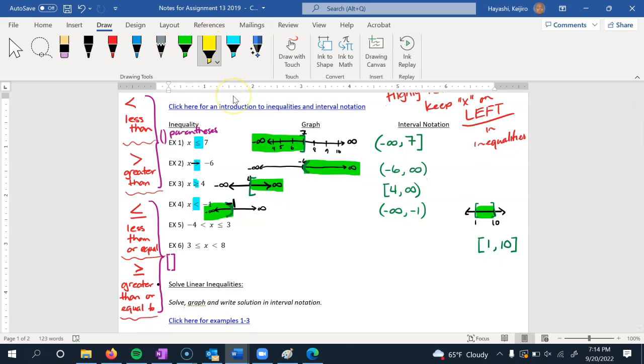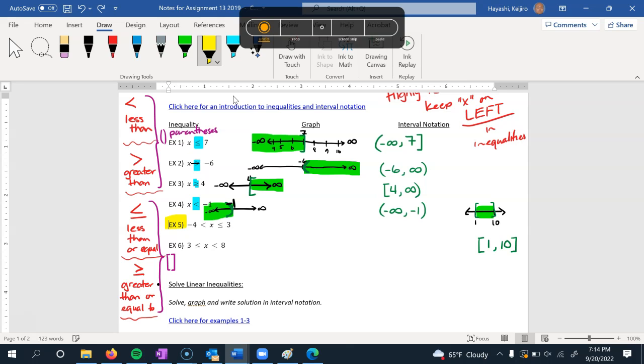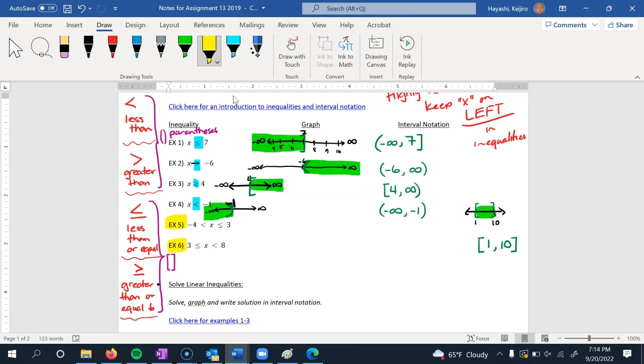So examples 5 and 6 are a little special. They are what is known as compound inequalities, and they're called compound inequalities because you've got not just x, a symbol, and then a number, but actually x in the middle of two other numbers, and there are also two inequality symbols.